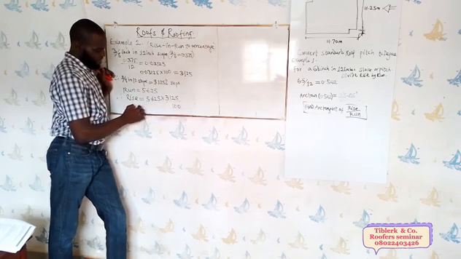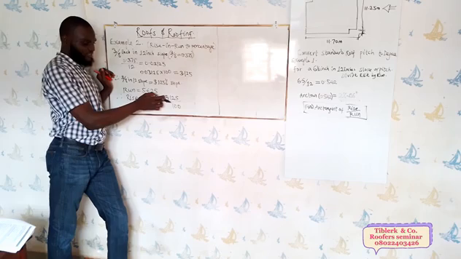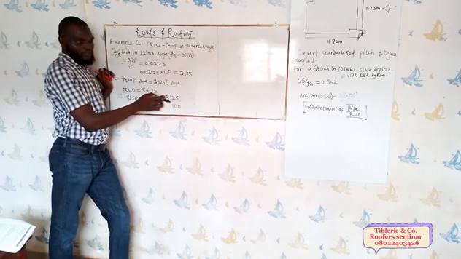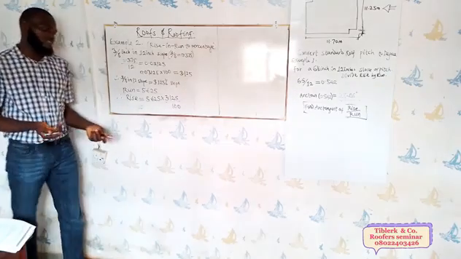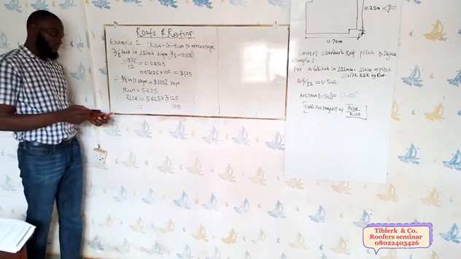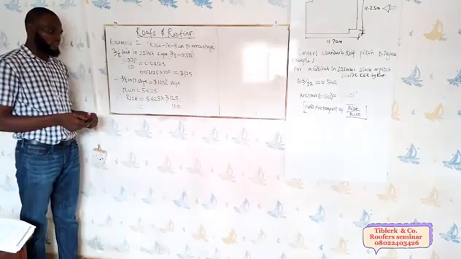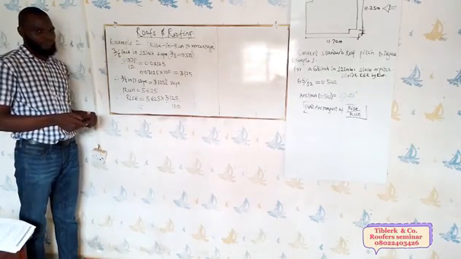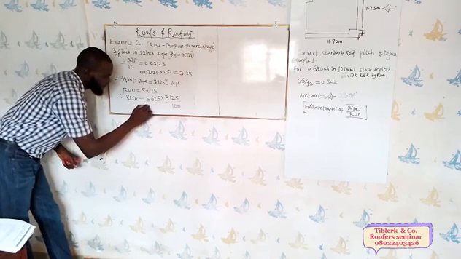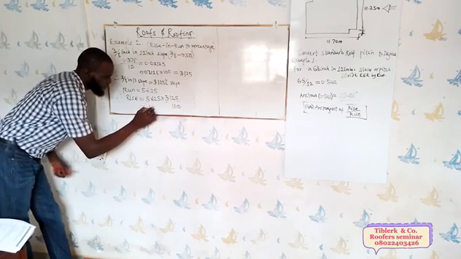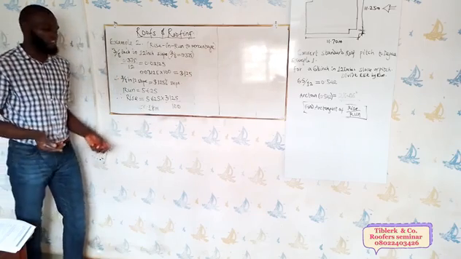We can as well say 0.03125 times this and get our answer immediately. That is approximately 0.1757, so we go to 0.18 meter.